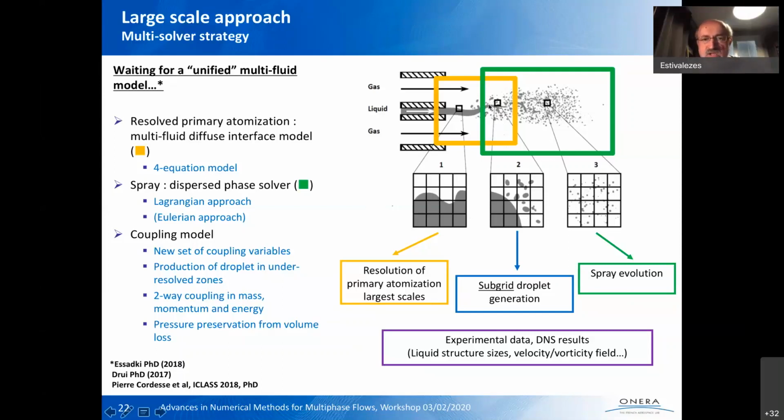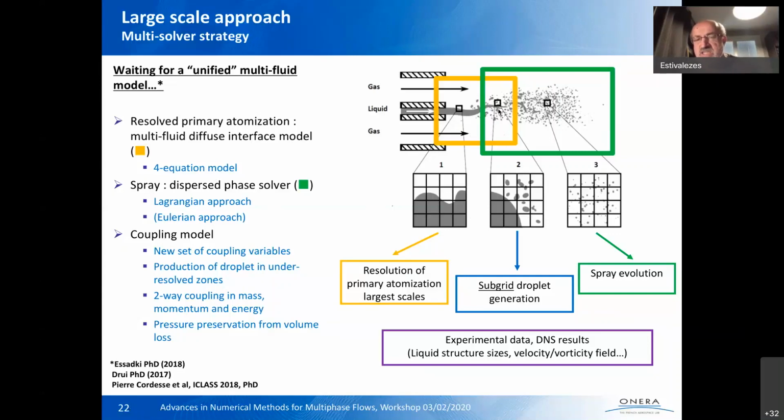And in this zone, this multi-fluid interface approach will not be able to capture all the subgrid droplets. So for the moment, we can detect by some criteria the zone where we are in this unresolved zone, and transform the diffuse liquid fraction into droplets where we impose the size and the velocity.